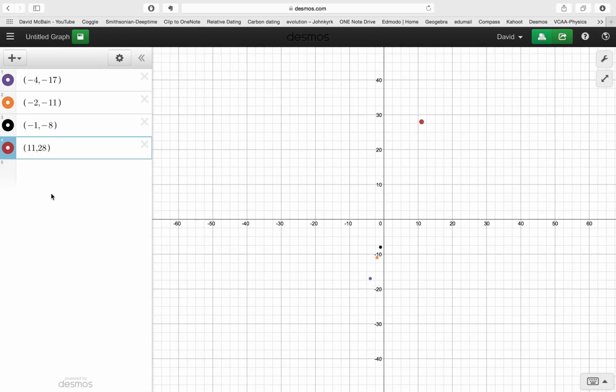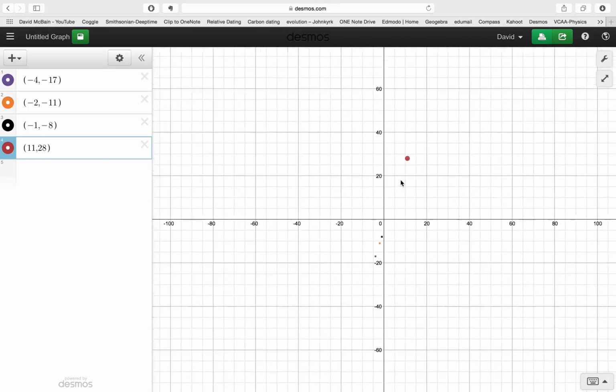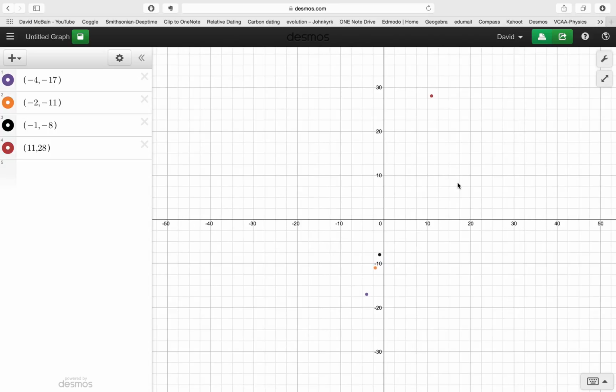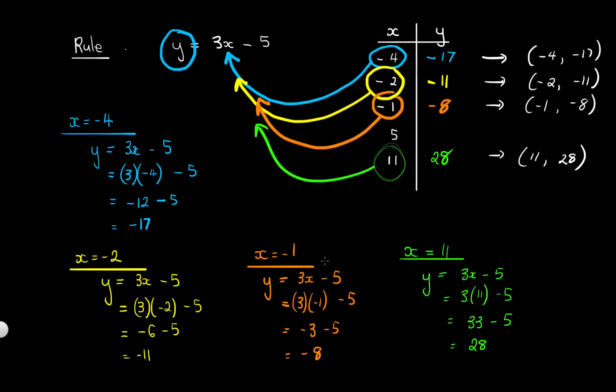Now you'll notice that all of those points fit on a straight line. So here are the points. I'll just highlight them for us. Those 4 points sit on a straight line. Now, to prove that these points all sit on the line described by this equation, I'm going to type that equation in.